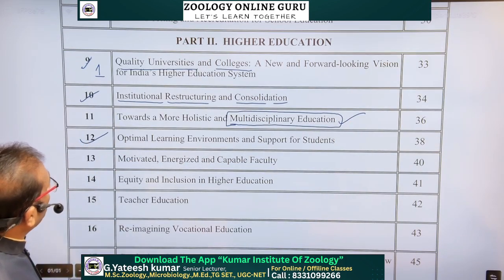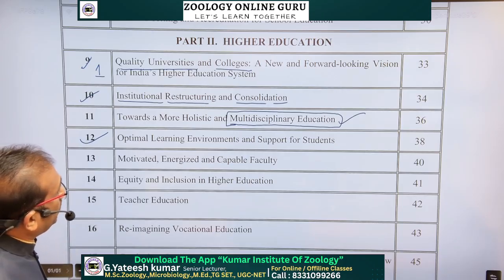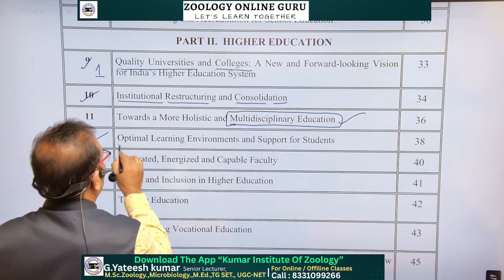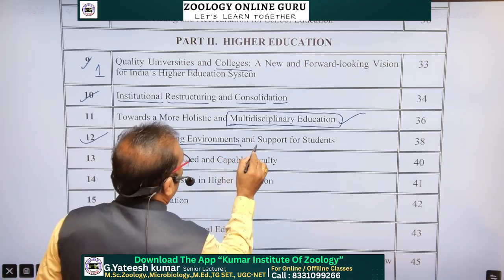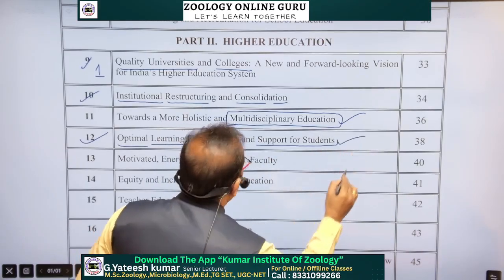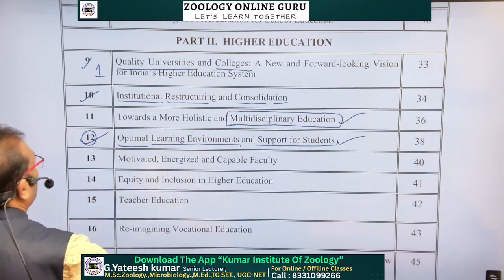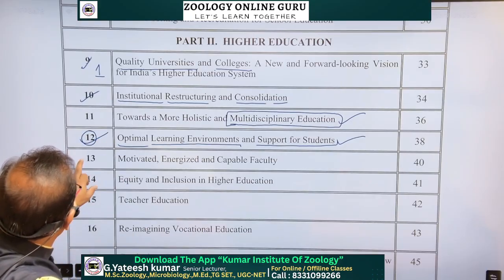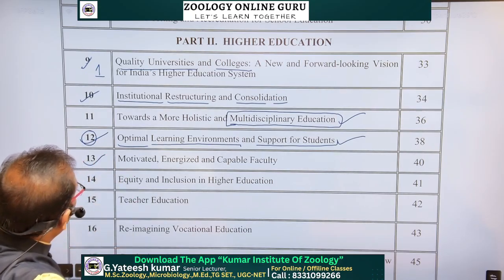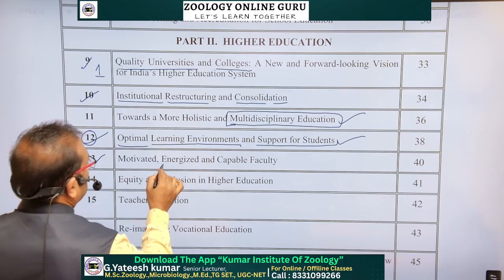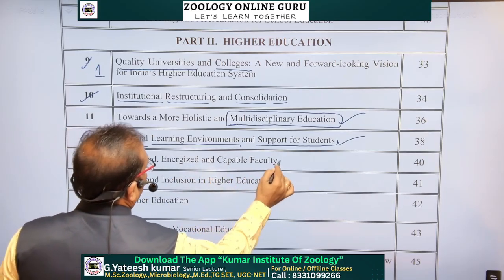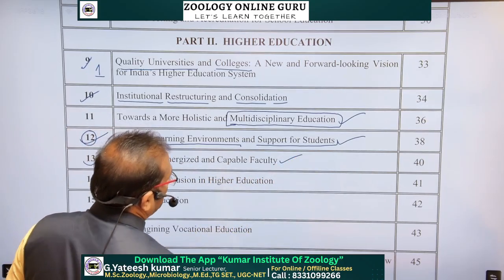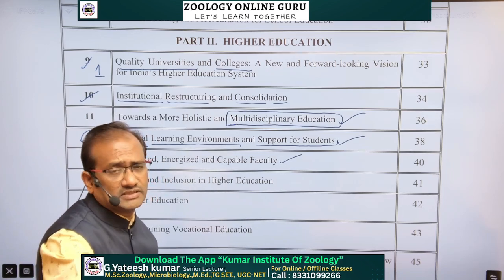Chapter 12, optimal learning environments and support for students. Optimal learning environments and support for students is present in chapter 12 of the main document of NEP 2020. Next, chapter 13, motivated, energized and capable faculty. So that is about teachers and faculty in higher education.